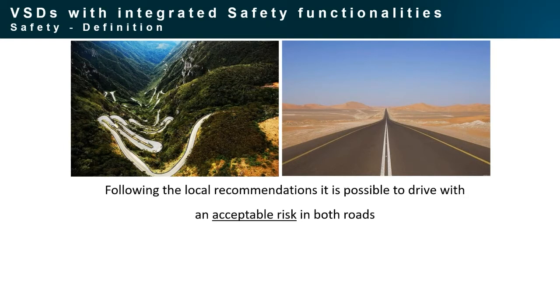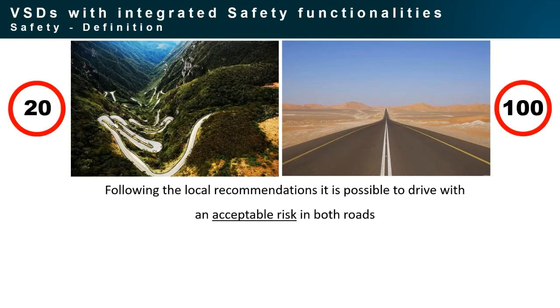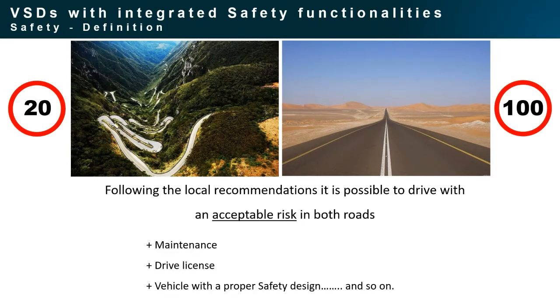Which recommendations are necessary to drive safely? First one, a safe speed limit. Concerning the speed limit, it's possible to drive safely on both roads. And of course, it's necessary to follow other recommendations like maintenance. The driver must have the license, and the vehicle must have the proper safety design as well, including safety belts, airbag, and so on.